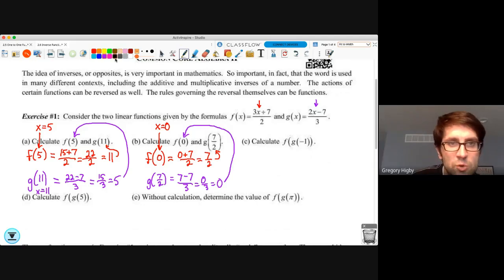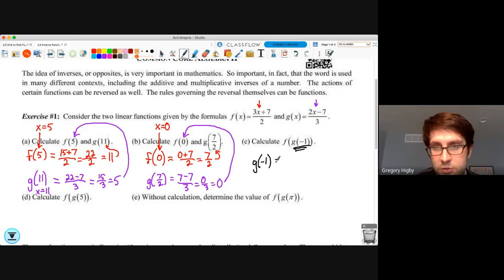So as we start working through the next one, in case you forgot how to do this when we took the quiz, we did g of -1 first. So that's inside the parentheses. So go to the g function and replace that x with -1. Well, 2 times -1 is -2. -2 minus 7 is -9. Divided by 3 gives me -3.